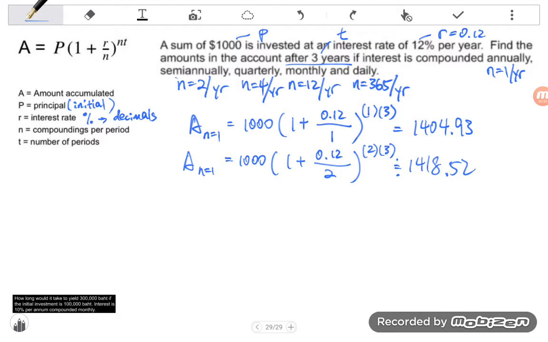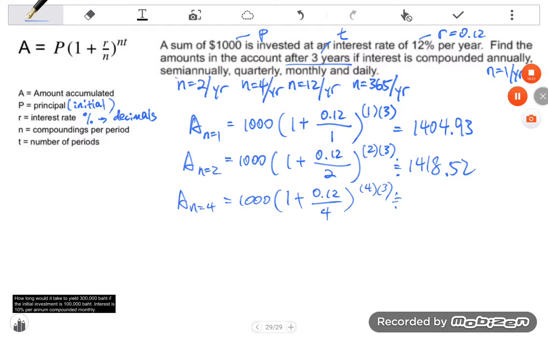Right. So let's continue with quarterly. For quarterly, all we have to do now, that should be 2. So quarterly would be 4 times a year. Everything stays the same, but I'm gonna get the interest 4 times a year. And the money that I have after 3 years would be approximately 1266.77.